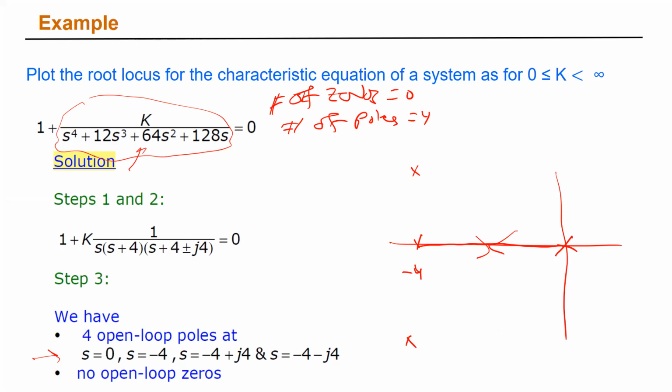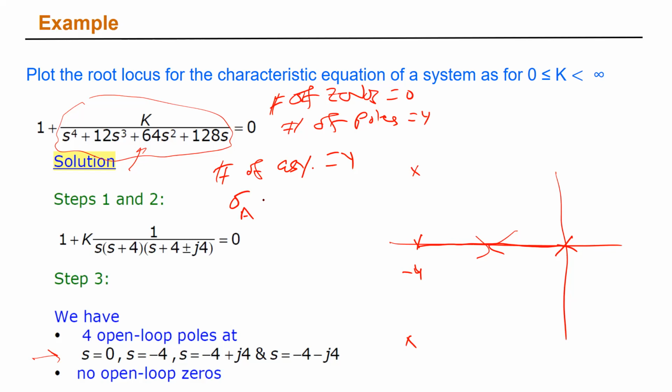Exactly. Now I want to determine the asymptotes. The number of asymptotes equals 4, the difference between the number of poles and the number of zeros.